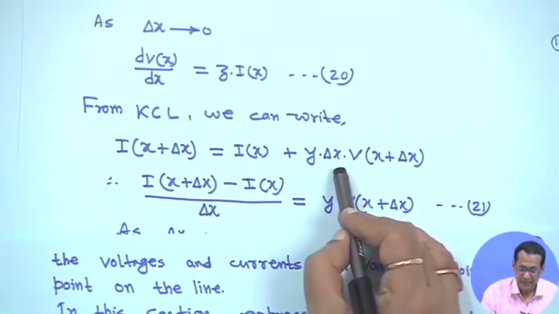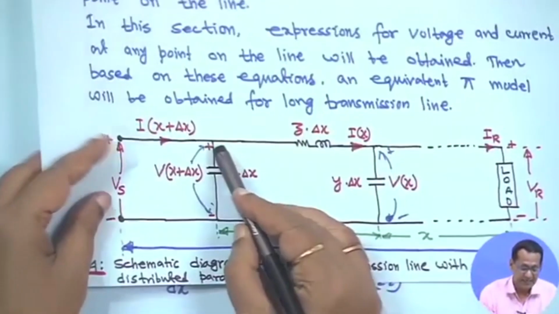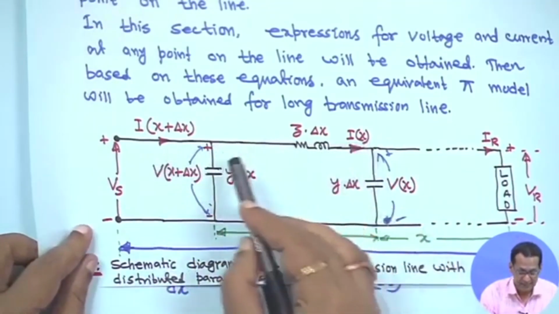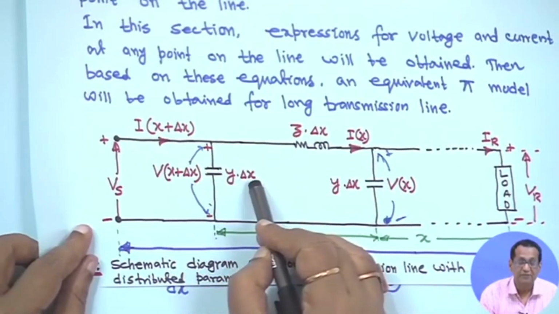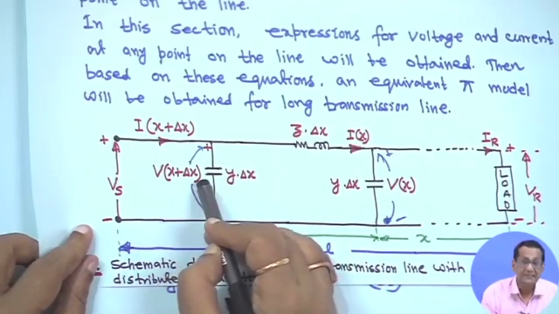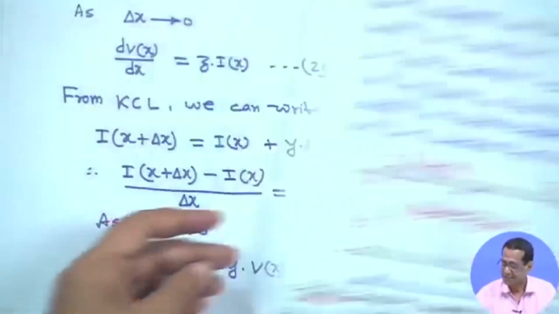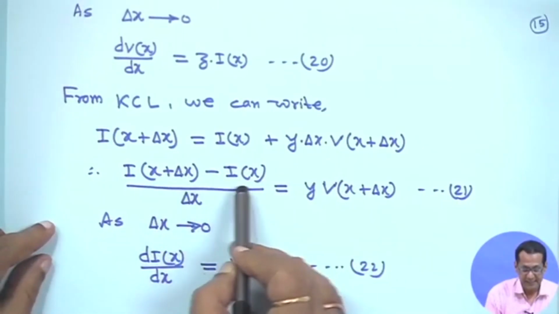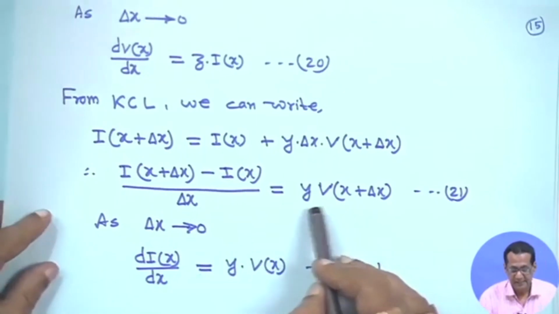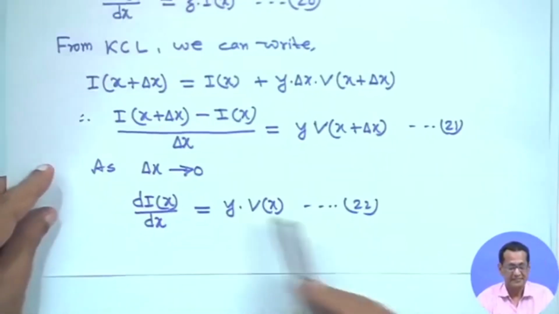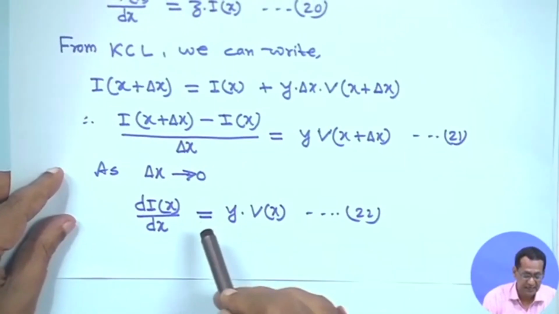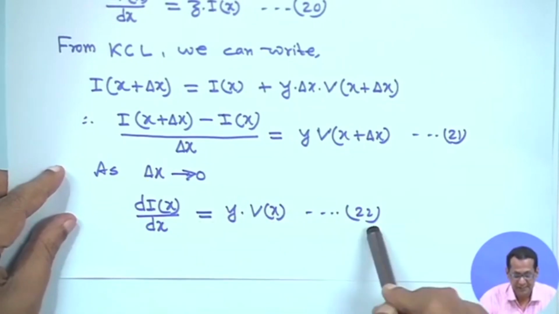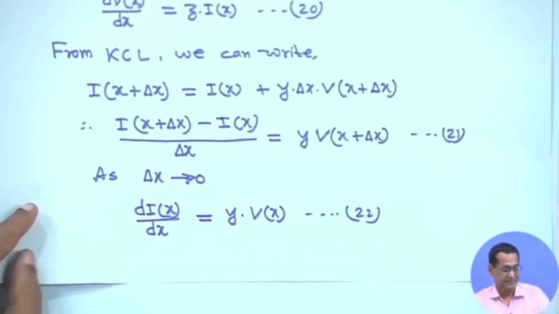So this is your current equation. Or you can write I x plus delta x minus I x divided by delta x is equal to y into V x plus delta x. Now, as delta x tends to 0, you can write dIx upon dx is equal to y into V x. This is equation 22.